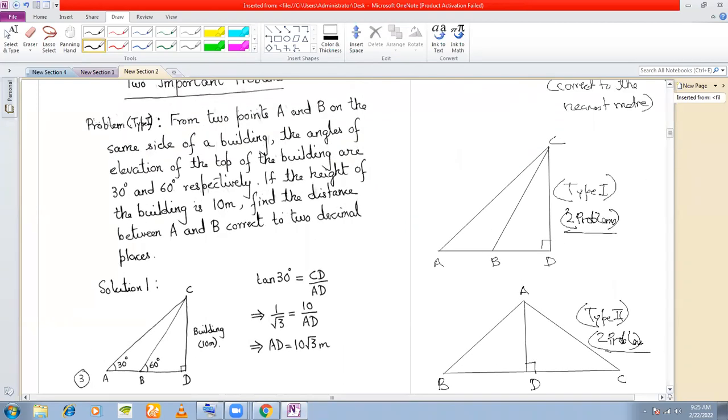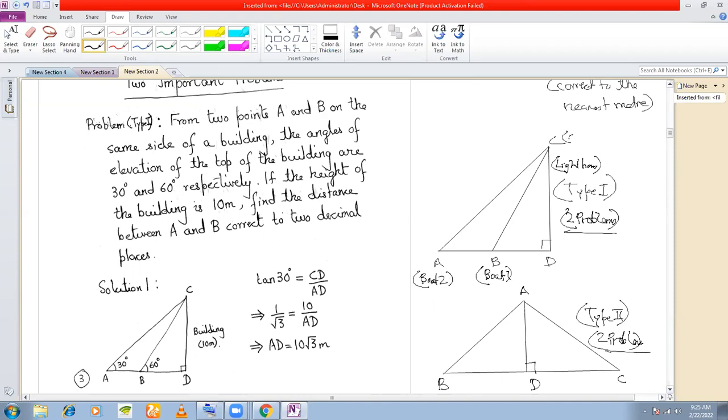Now, in type 1 figure, what they might say is, let's say they will say that this is a lighthouse, right? And from the lighthouse, the angle of depression of a boat here, let's say a boat on the sea, on the same side of the lighthouse, boat 1 and boat 2.